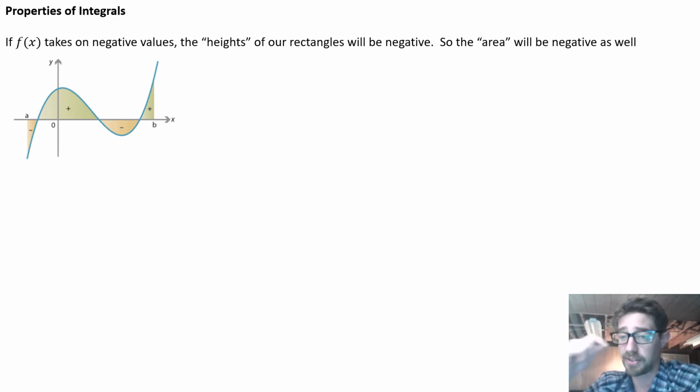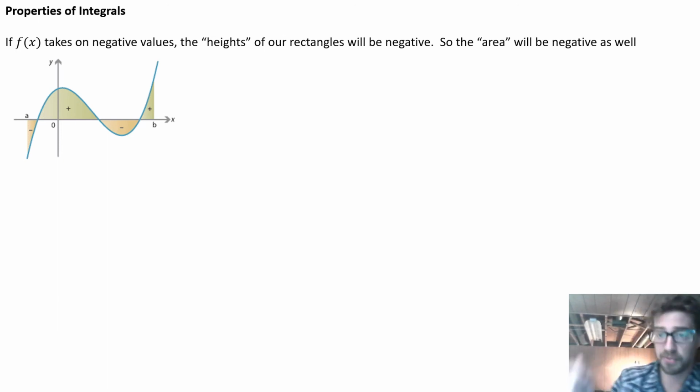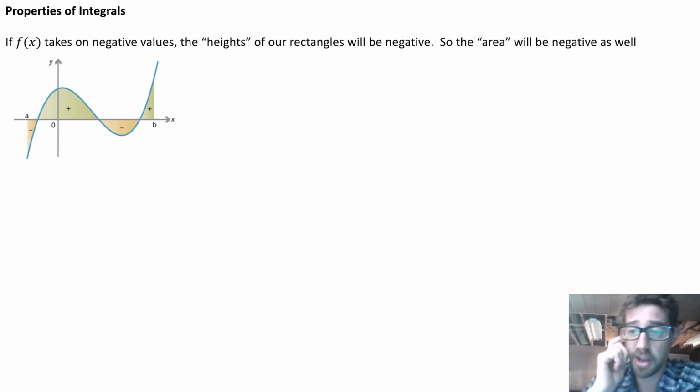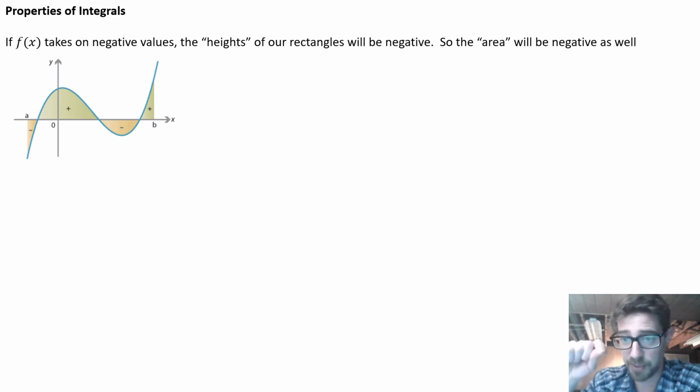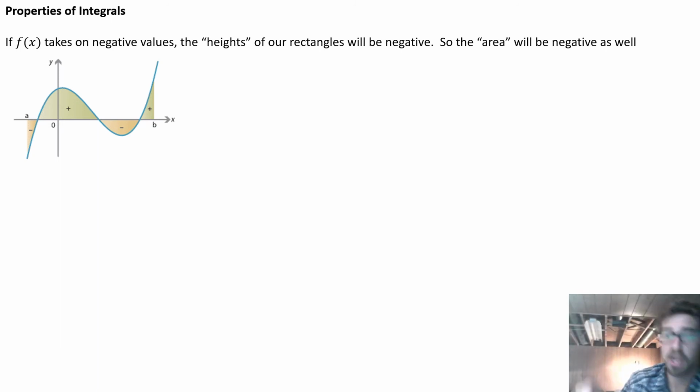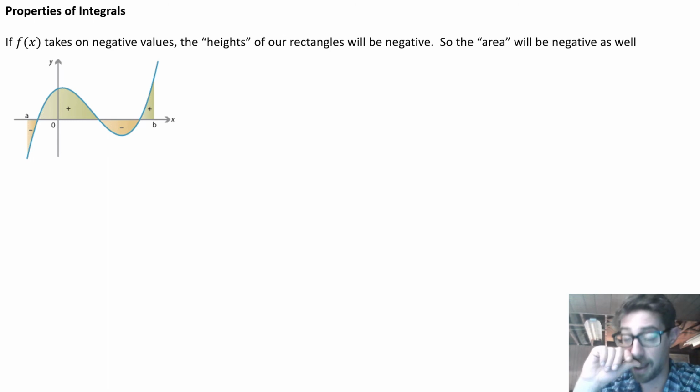We had to define this in a very specific way to talk about it, and we defined it as the limit of the sums of the areas of a bunch of rectangles. So technically in that negative space, that orange space, the width is always positive, the height of a rectangle will be negative, so the area will be negative. So that's negative area, right? And now again, technically area can't be negative, but now it can be, so shut up.